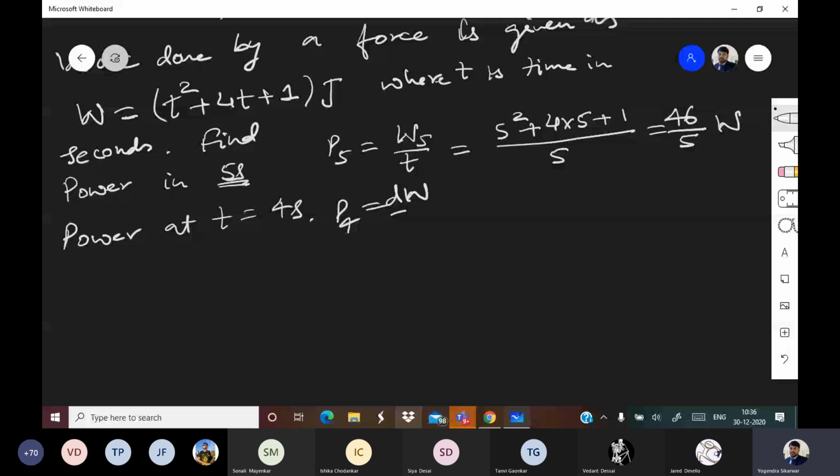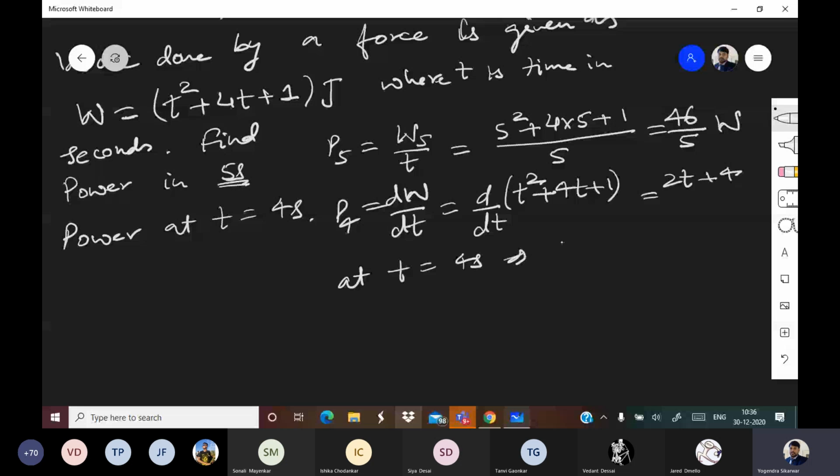So at t is equal to 4 seconds, P4 will be 2 into 4 plus 4, 12 watt. These are the answers. If you have any questions to ask, please feel free to ask.